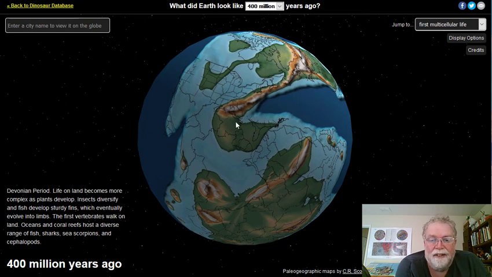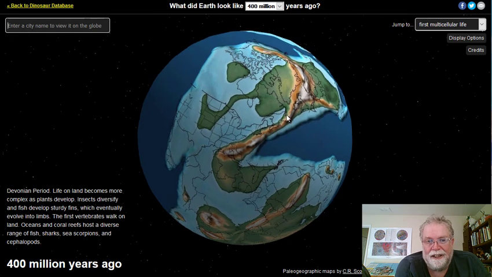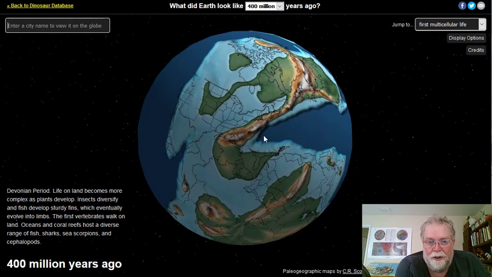Now this event is a little more complicated than just India smacking into Eurasia. There's several different times of mountain building in several different styles that make up the Appalachian orogeny or mountain building event. But here you can see Florida and the eastern part of the southern United States riding along here.